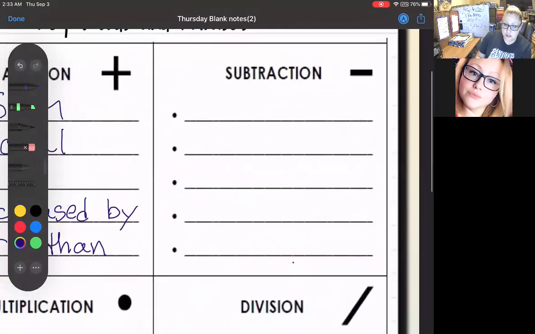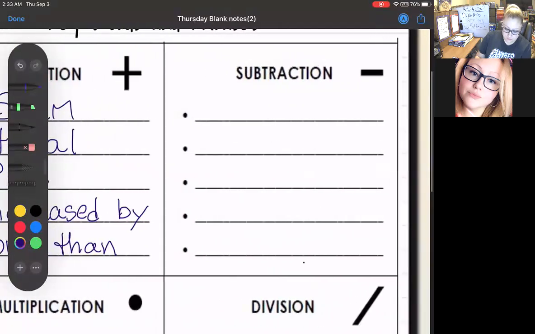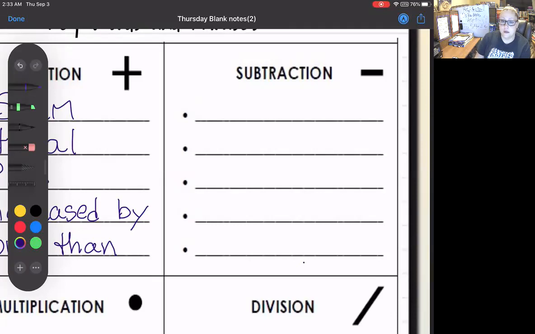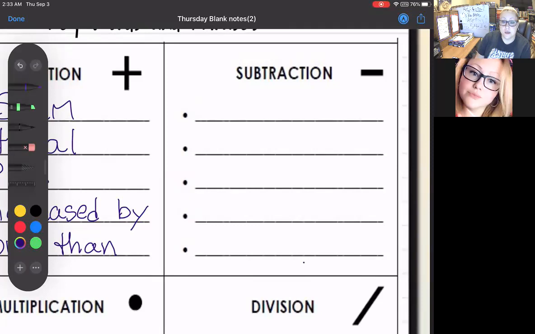So I'm going to just move this over a little bit. Make sure you can see that. Okay. All right. So some other words for subtraction and some words that they like to use for subtraction.